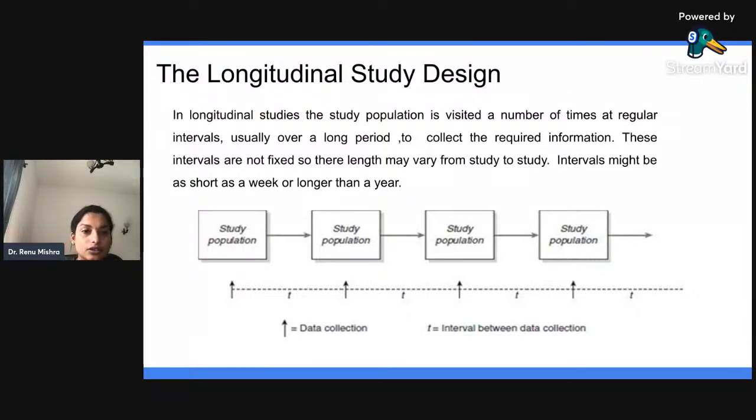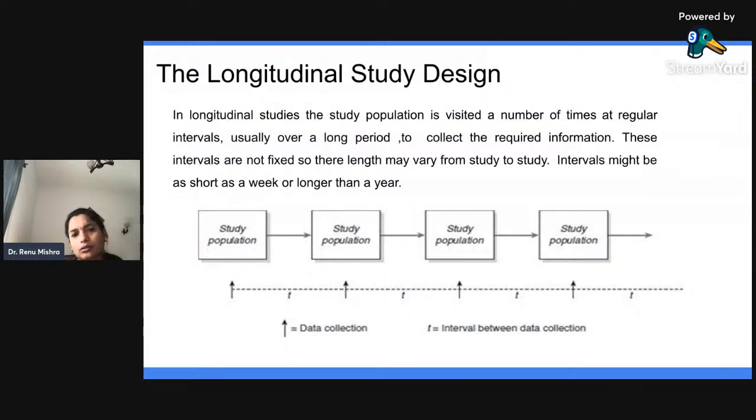In cross sectional, you are not visiting the sample again and again, you're not disturbing them. But in longitudinal, you are collecting information from the sample at regular intervals of time. This interval can be a week, a month, or days.